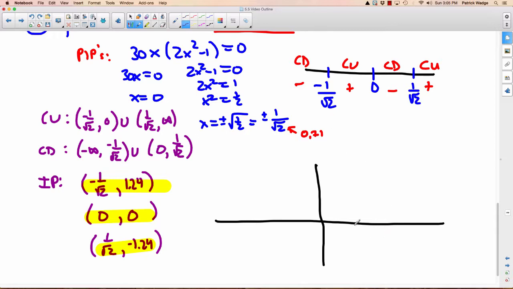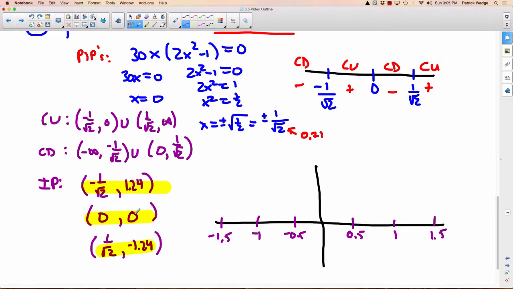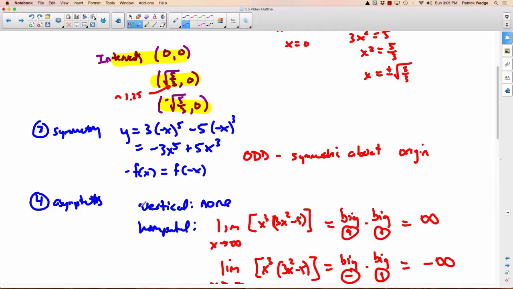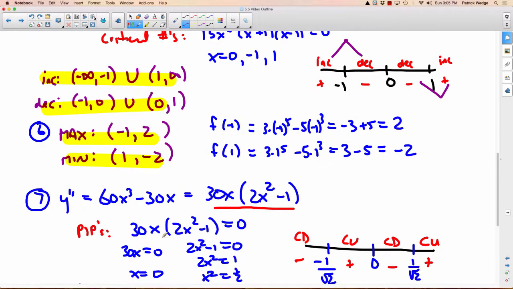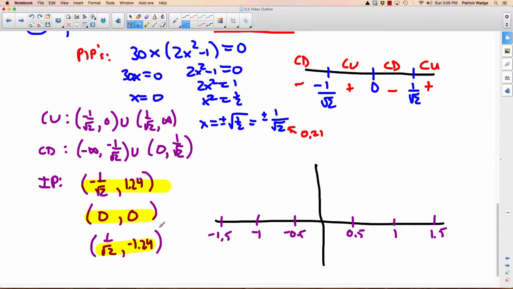So I'm just going to go 0.5, 1, 1.5, and negative 0.5, negative 1, and negative 1.5. In terms of y values, how high do we go up to? 1.24, 2, and negative 2. I think those are the biggest ones. So I'll go 1, 2, negative 1, negative 2. We're all set up to graph this.